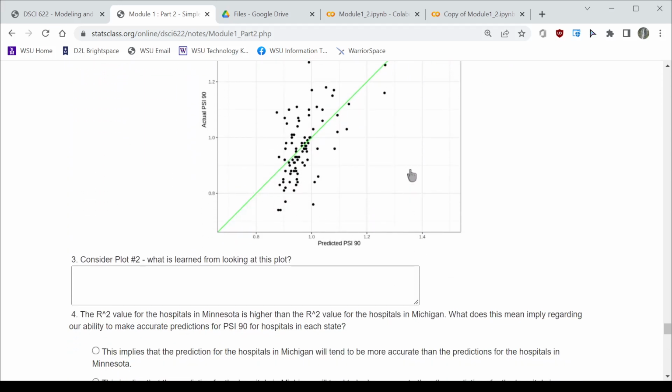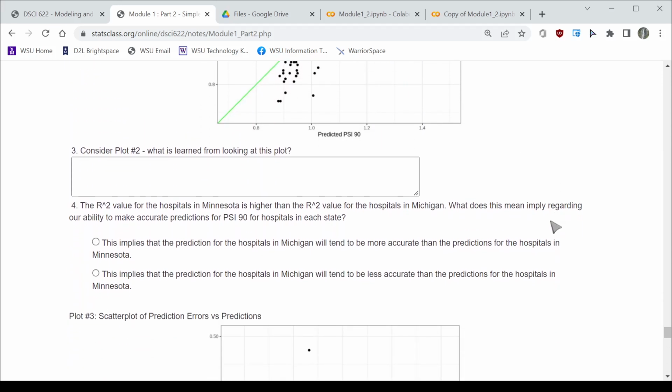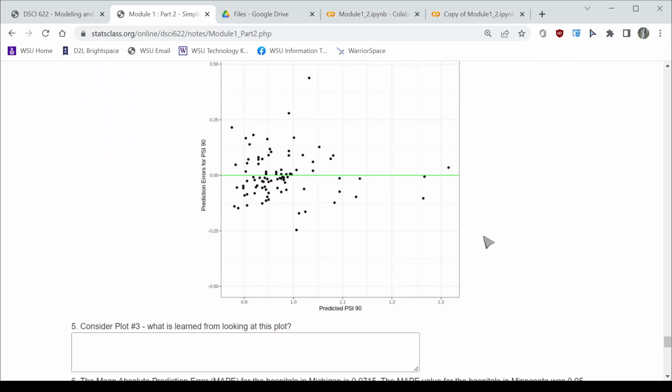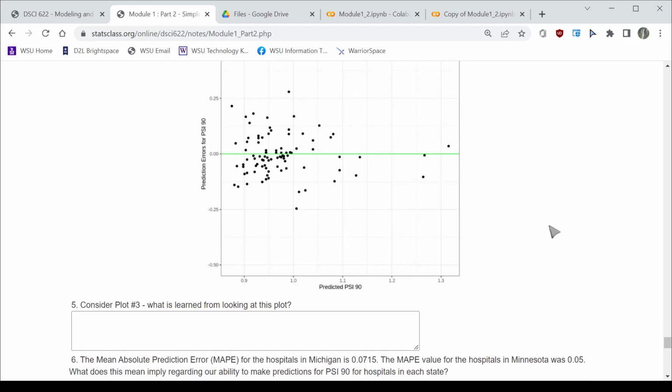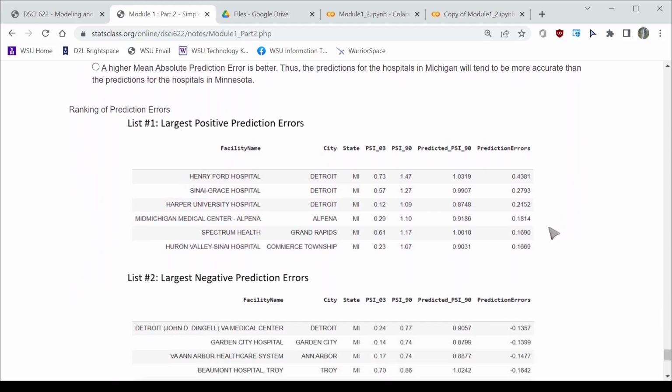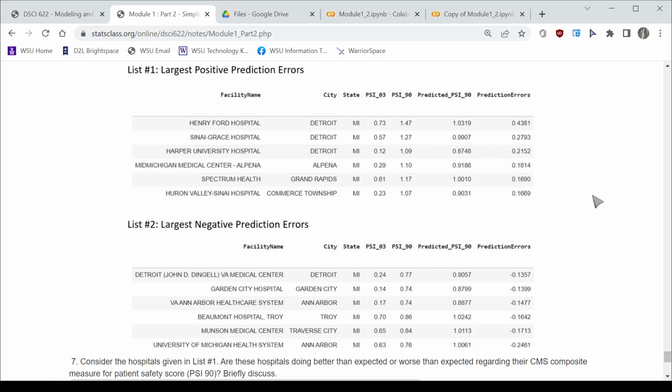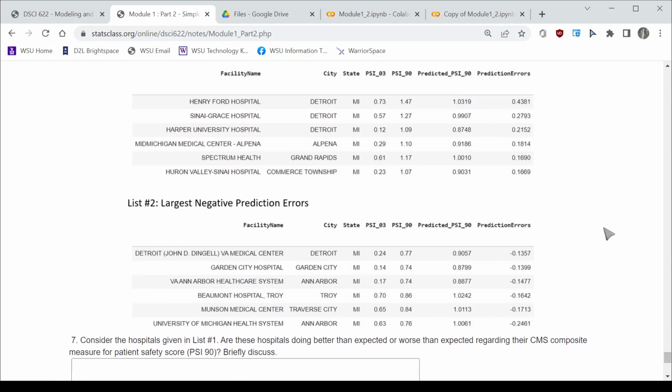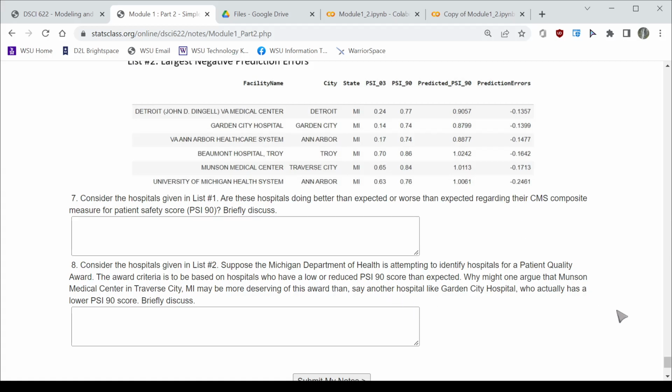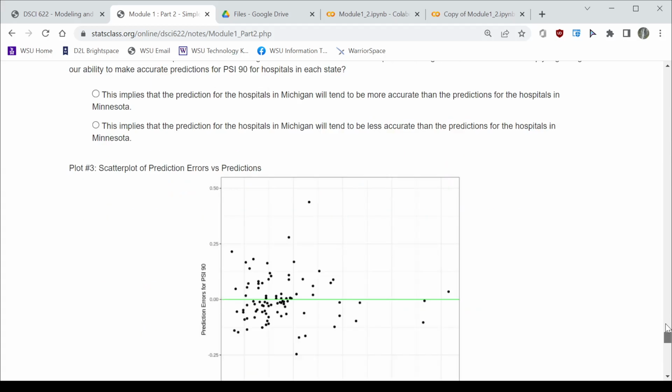Here's the actual versus predicted scatter plot with a couple of questions. Here's our prediction errors plot to understand our prediction errors with a couple of questions. And then I provided a couple of lists regarding the prediction errors, and I have a couple of questions regarding those lists.